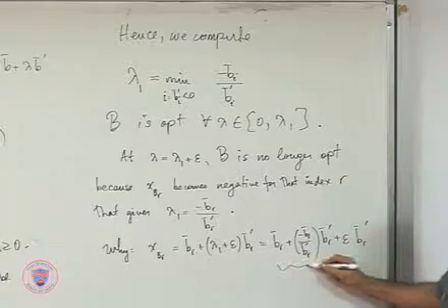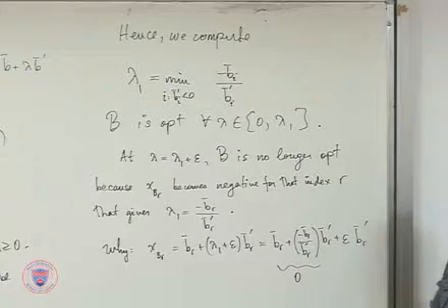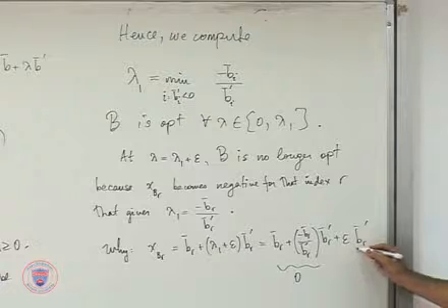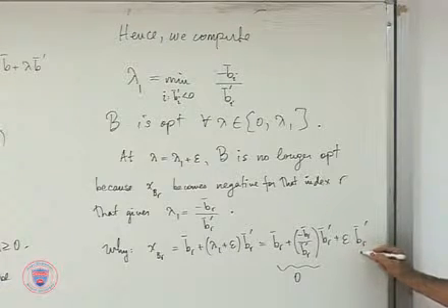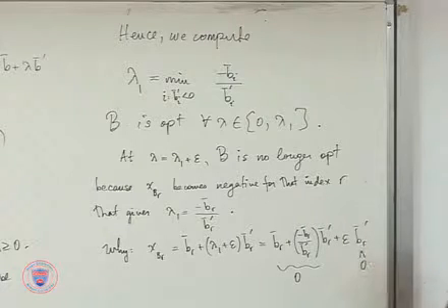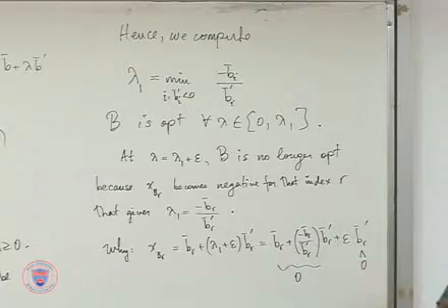Now this part cancels and is 0. And this part is negative because Br bar prime by assumption is negative. So epsilon times that will be negative. So that will be a negative component.